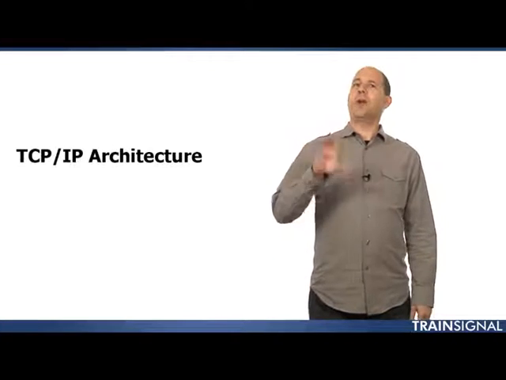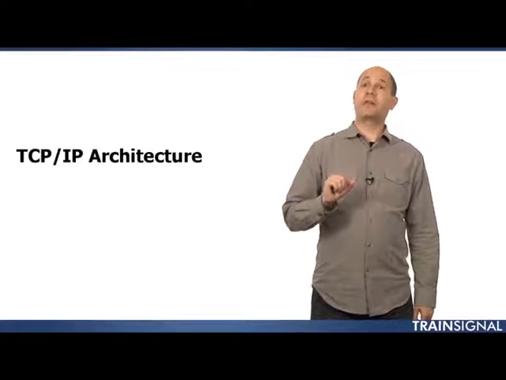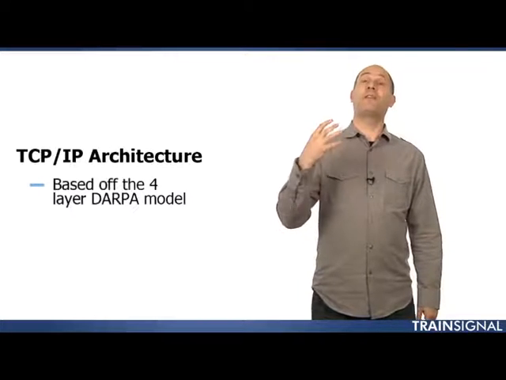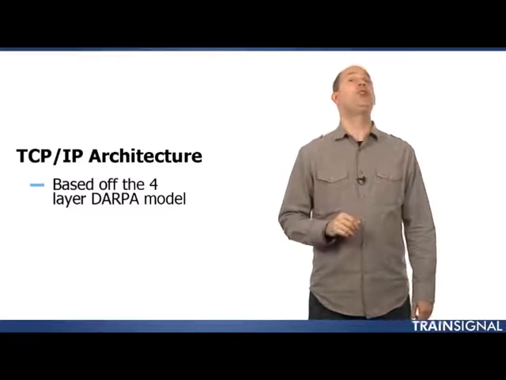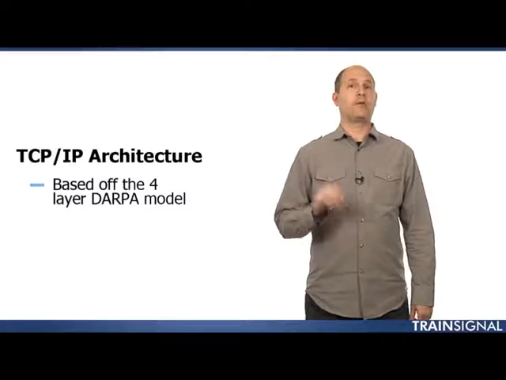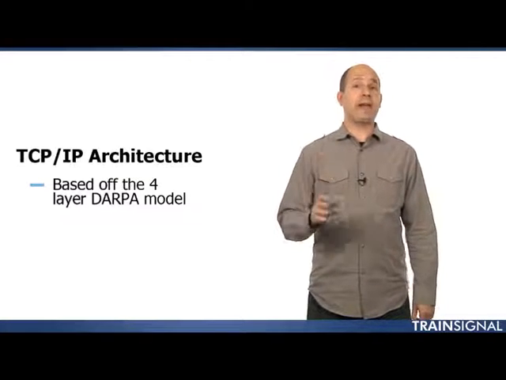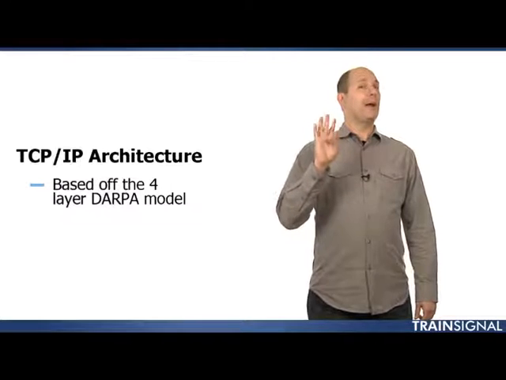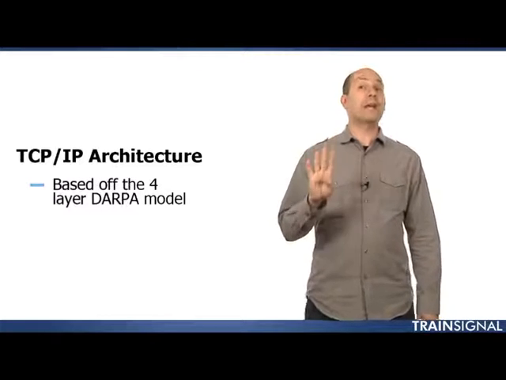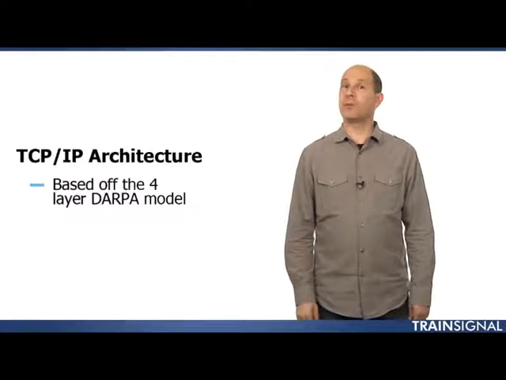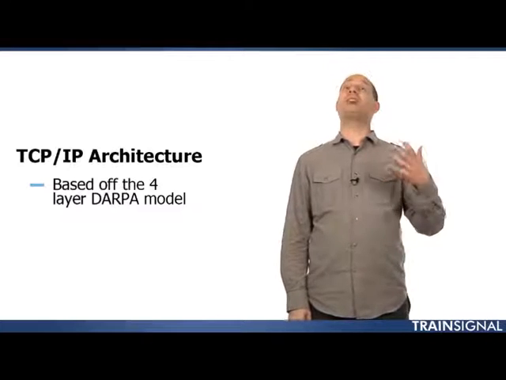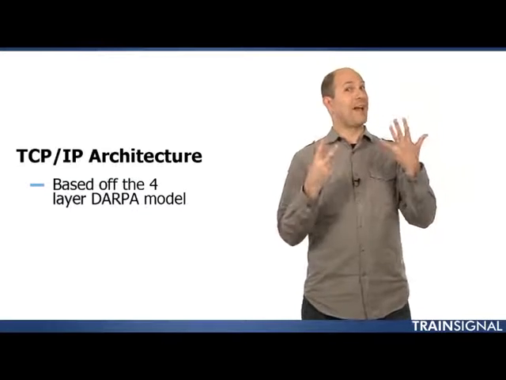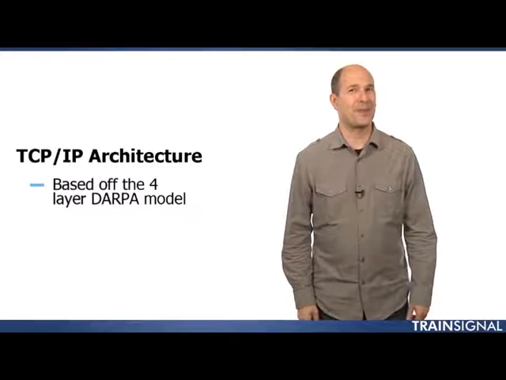So the first thing when it comes to that architecture is that it is based off of the 4-layer DARPA model. Okay, DARPA is D-A-R-P-A. And I really want to emphasize this is a 4-layer model because in a previous lesson we learned about the OSI model, which is a 7. I can't do that on one hand. It's a 7-layer model.